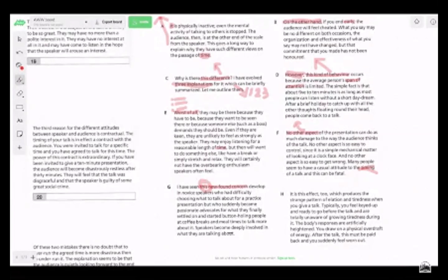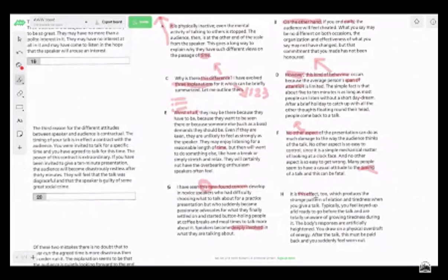Speakers, so this is all about being interested in the topic. "Speakers become deeply involved." If I was reading this for the first time, that might not stand out to me as a big clue, but I have read it before, so that rings a bell. I feel like that's important.